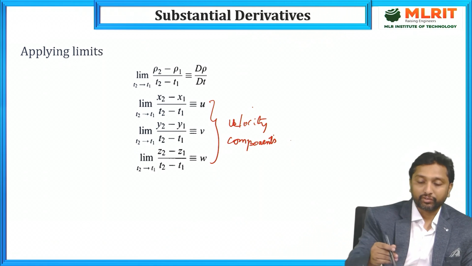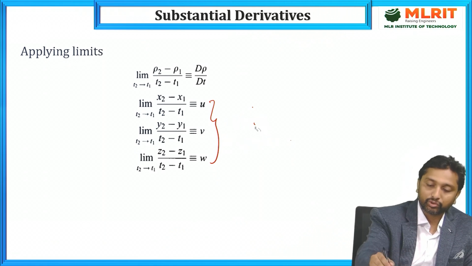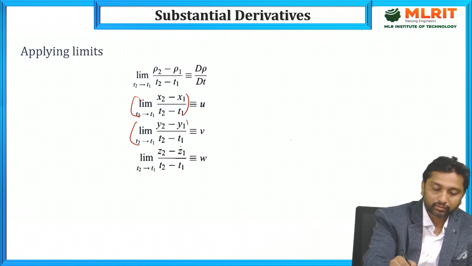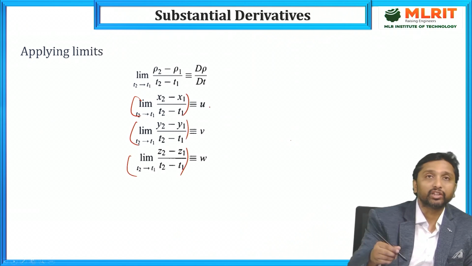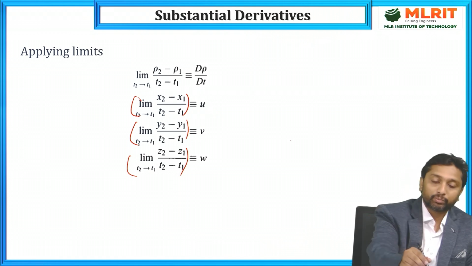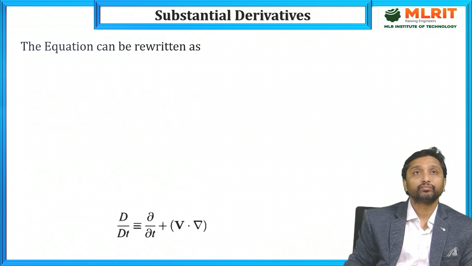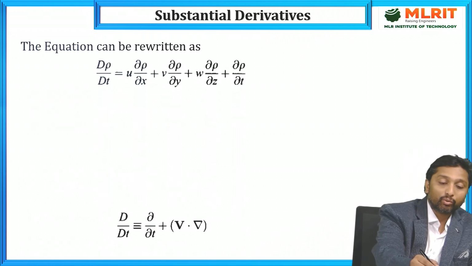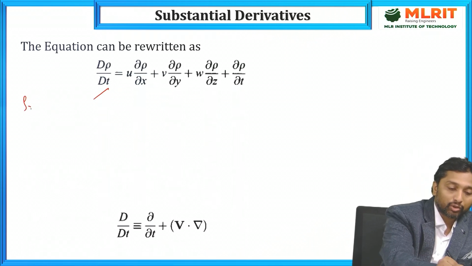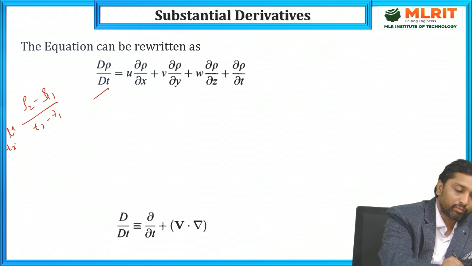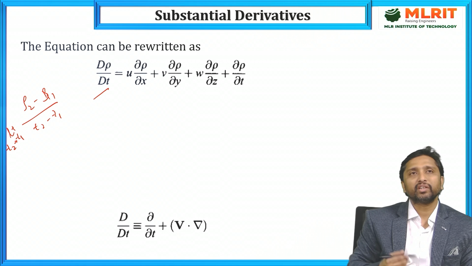So the previous equation we can now reduce: wherever we find these terms, we can replace them with u, v and w respectively. So your equation will now get reduced to d rho by dt, which is nothing but rho 2 minus rho 1 by T2 minus T1 with the limit T2 tends to T1, or T2 minus T1 tends to 0.